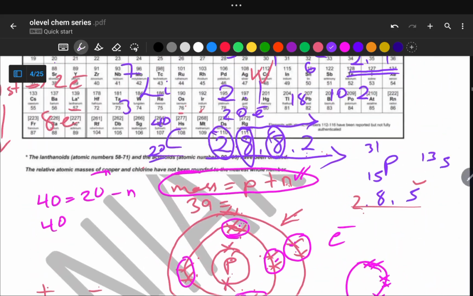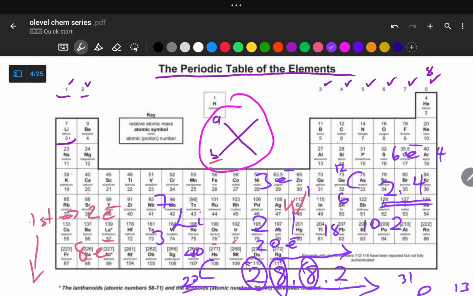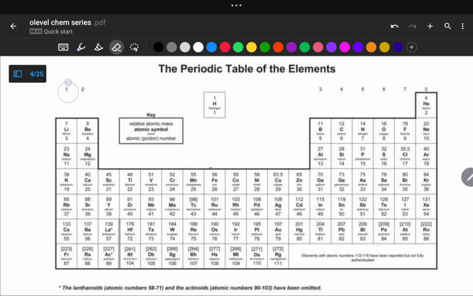So on the periodic table, you mustn't claim this one will give us a cation, this one will give us an anion, this one will give us this, and this one will give us that. You must have the understanding of the periodic table. Right? So from the periodic table, group 1, group 2, group 3, group 4, 5, 6, 7, 8.